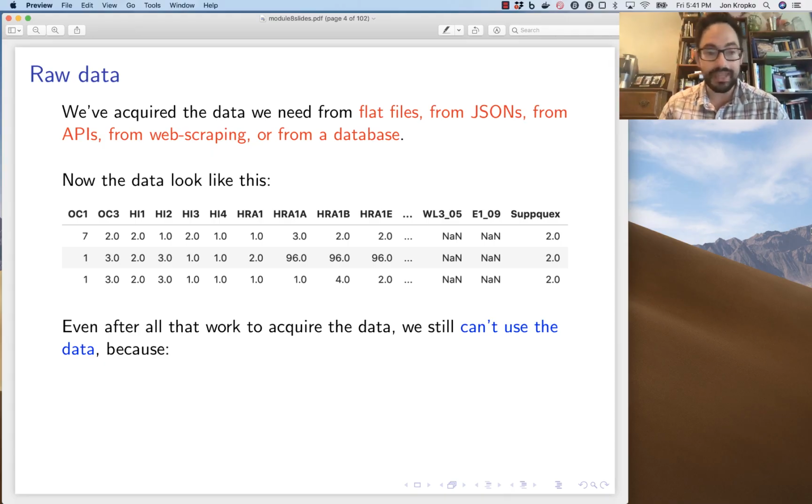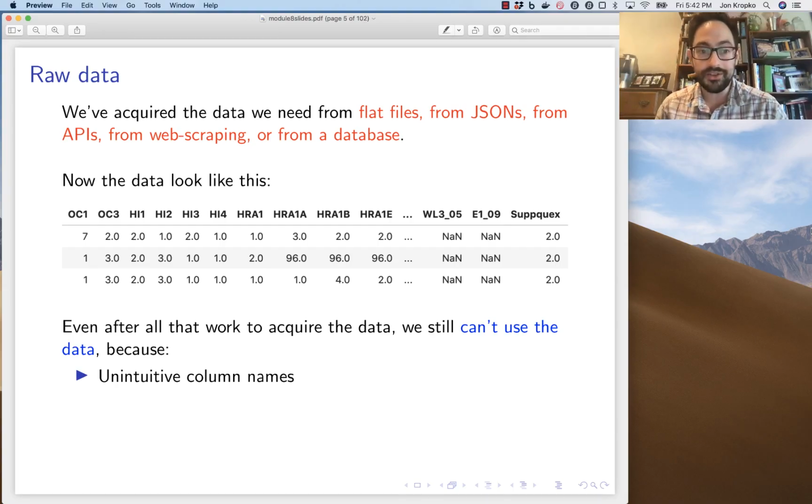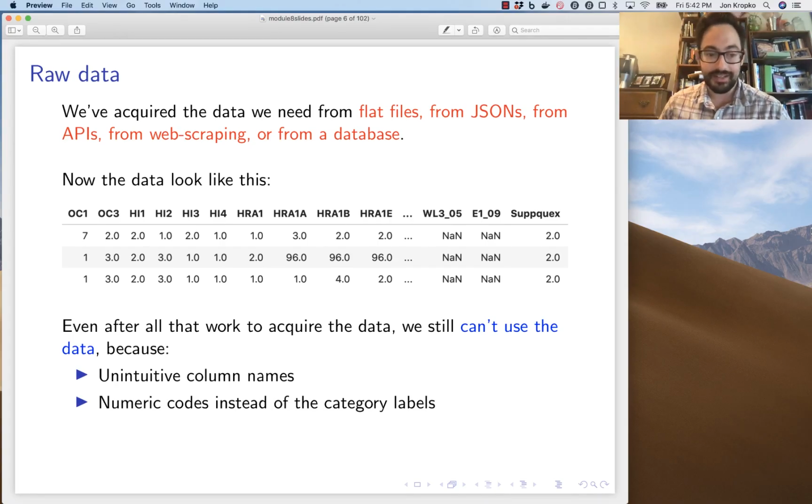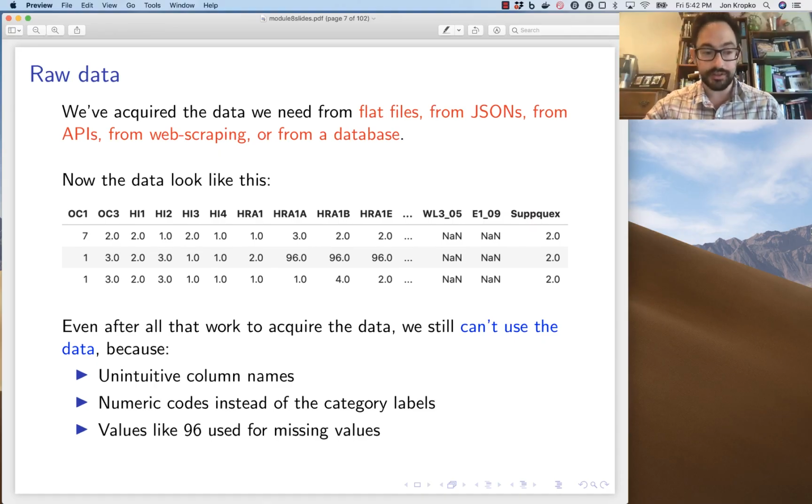And the reason why we can't use it, well, there are a number of reasons. The column names are not intuitive. I have no idea what HI1 means. The numeric codes inside this table represent categories, and I don't know what number refers to what category. They're not labeled. There are values like 96 in here, which are used for missing values, and I would rather that they just get coded as missing.